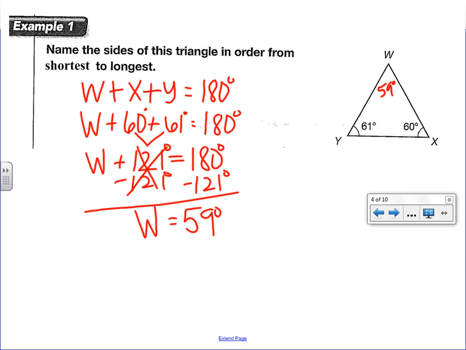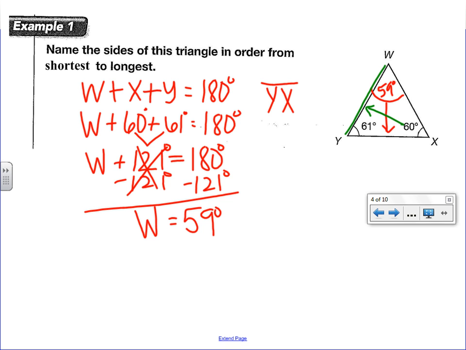So the shortest side is going to correspond to the smallest angle. The smallest angle here is W, 59 degrees. So that means that side YX should be first. Then my next largest angle is 60 degrees, so the side opposite it is going to be the next longest.